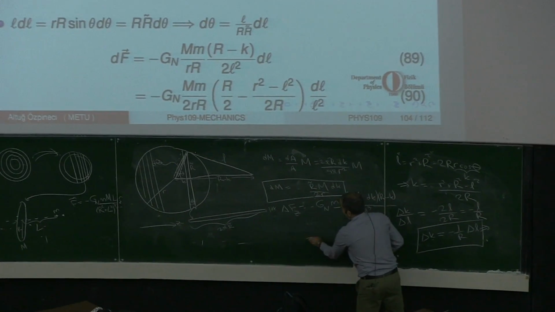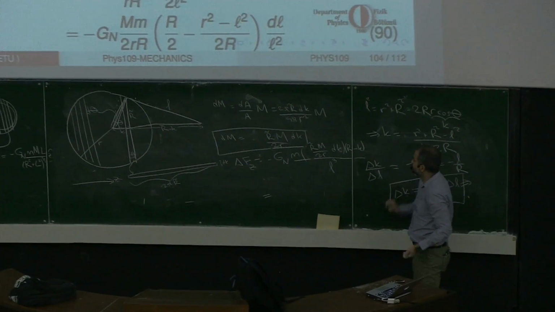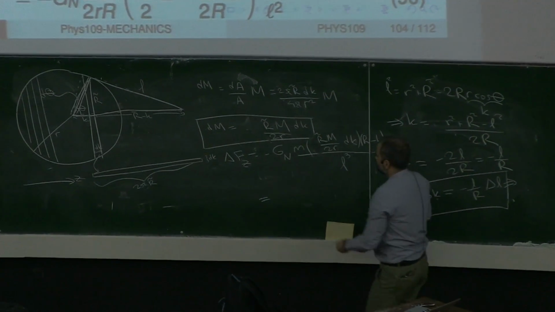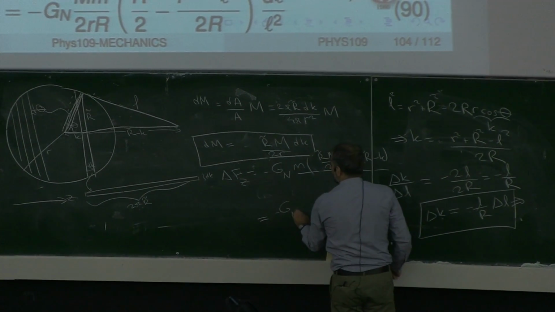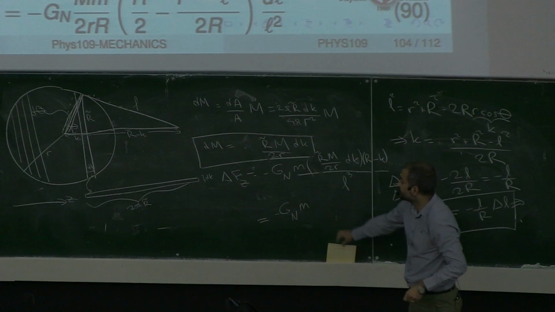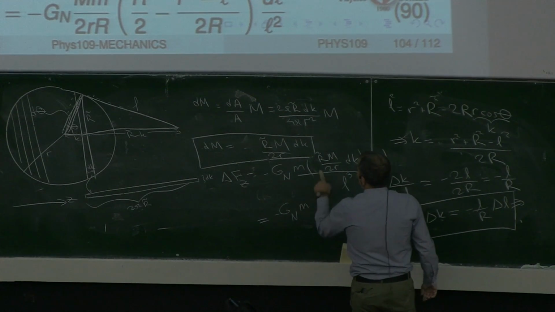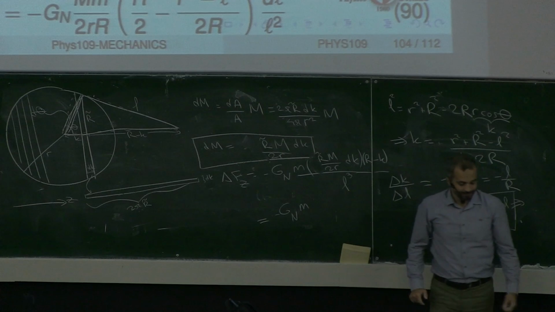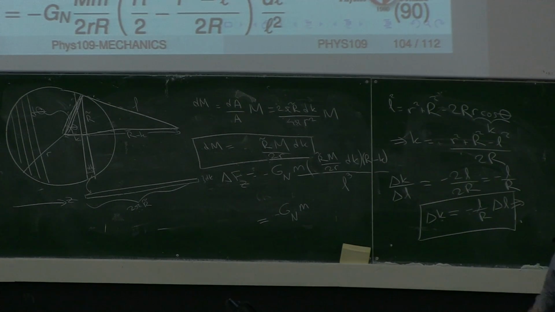So if we just combine everything, now we are just combining the things we have. We have the Newton's constant, the mass, my point mass. I have this, okay, one more thing, R tilde. I still have to express R tilde in terms of L. That I didn't do yet.